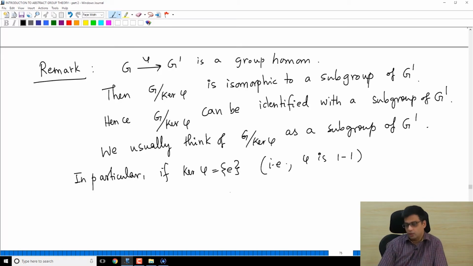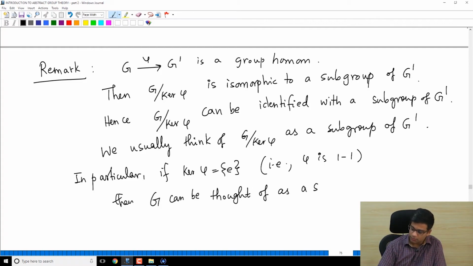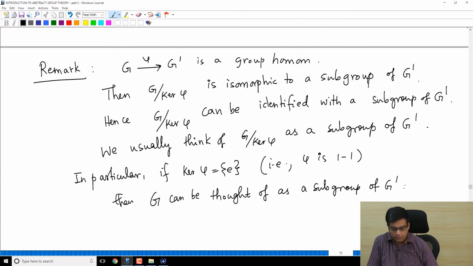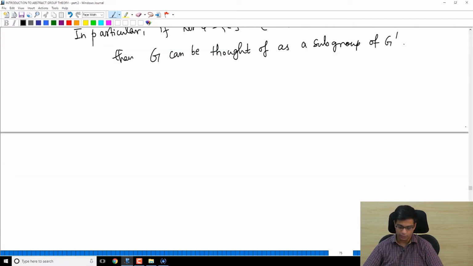Kernel phi is identity if and only if phi is 1-1, then G can be thought of as a subgroup of G prime. If G to G prime is a one-to-one group homomorphism, that means it's injective. G naturally is thought of as a subgroup because its image is isomorphic to G by the first isomorphism theorem, and we can replace G by its image and think of G itself as a subgroup of G prime.